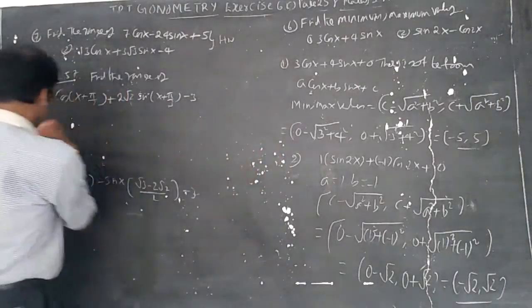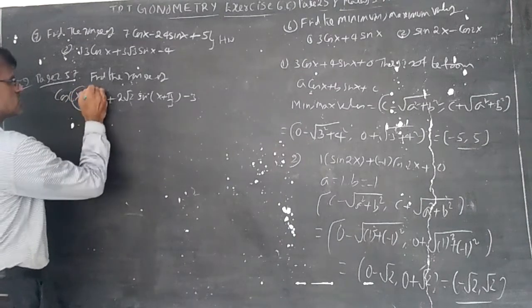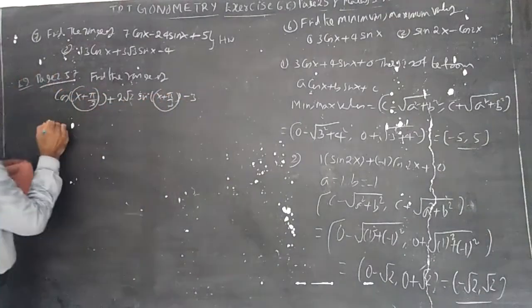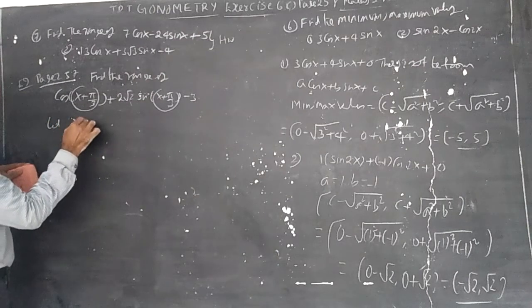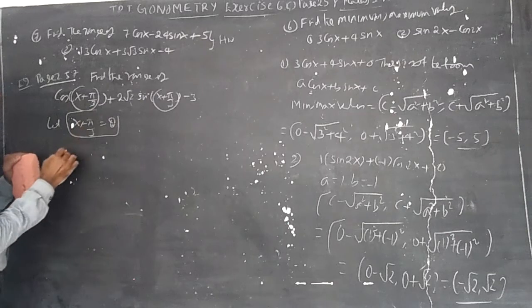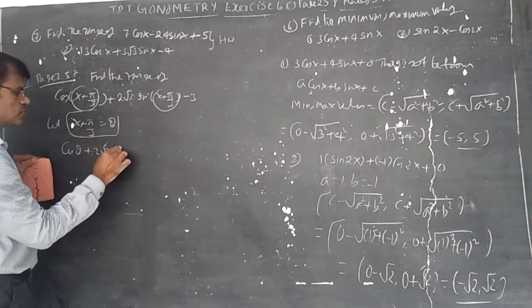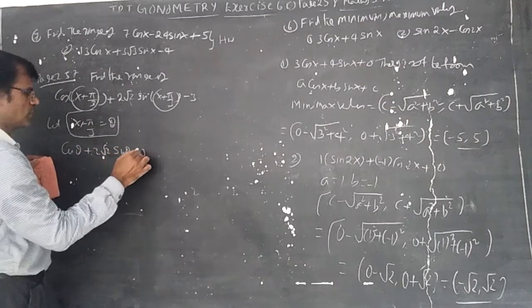Here is one hint: x plus pi by 3 is a theta. Let x plus pi by 3 be equal to theta. This is not an objective question, this is a simple question. So put cos theta plus 2 root 2 sin theta minus 3.